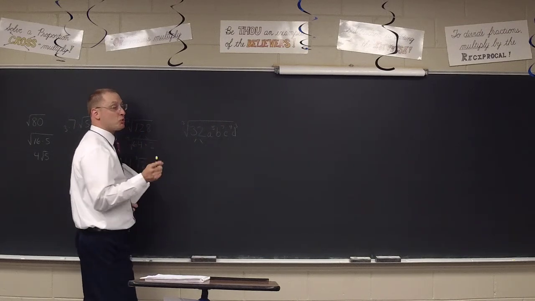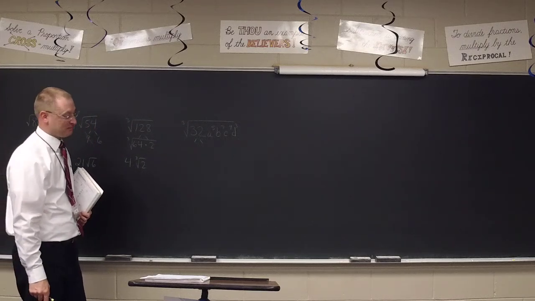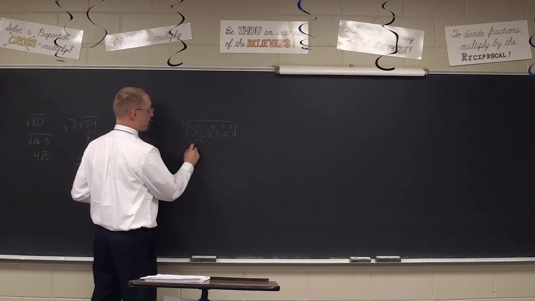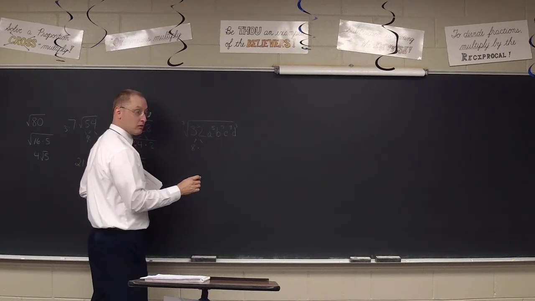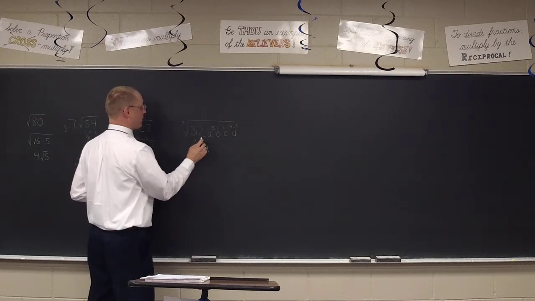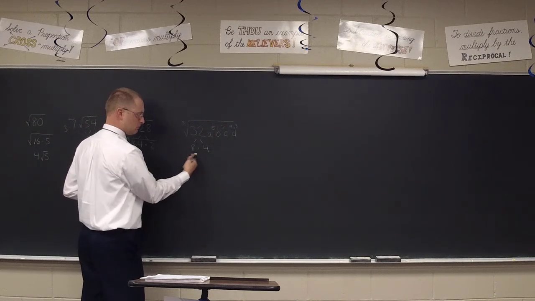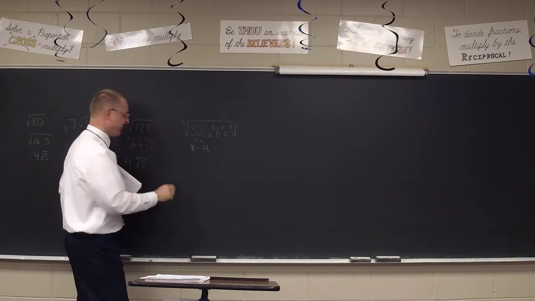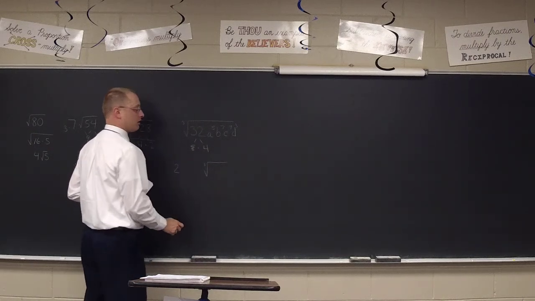If it were a square root, yes, but I can't take the cube root of 16. The 8 and 4. 8 times 4, there we go. Where I'll take the cube root of the 8 to get a 2. And for now, we'll leave a gap, and we'll also put the cube root of the 4.